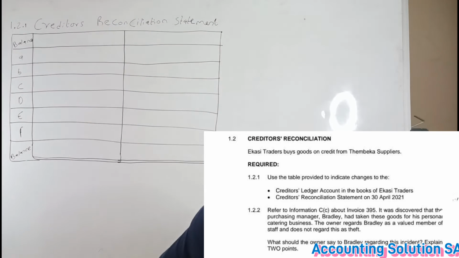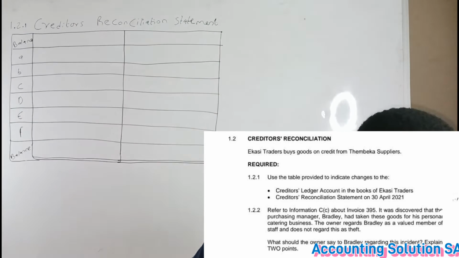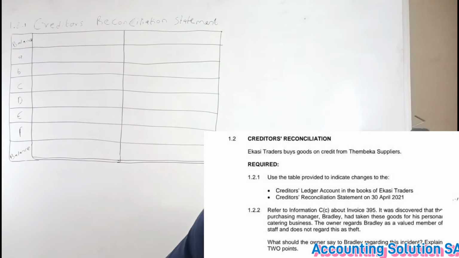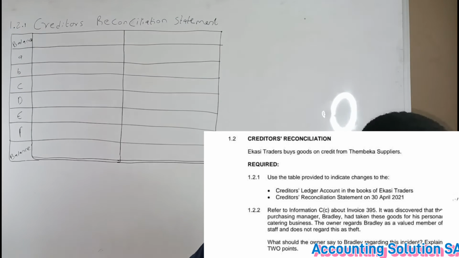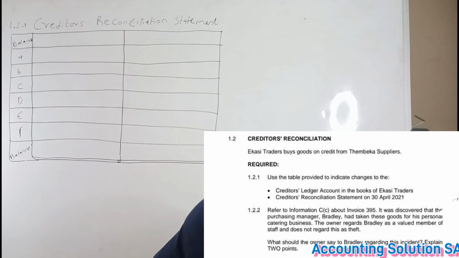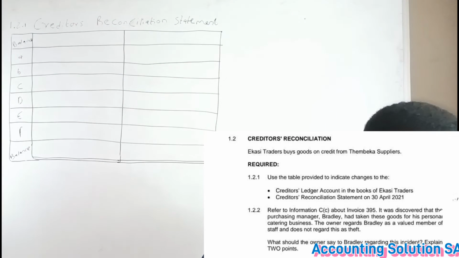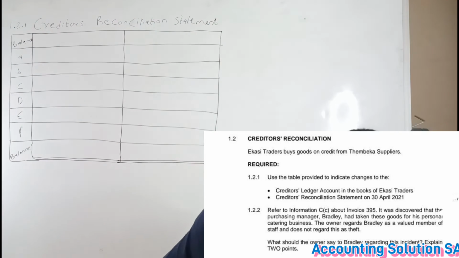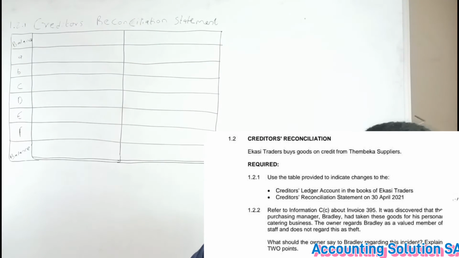The owner regarded Bradley as a valued member of staff and does not regard this as a theft. So the owner is saying that this is not a theft because Bradley is a valued member. Now the question is, what should the owner say to Bradley regarding this incident?